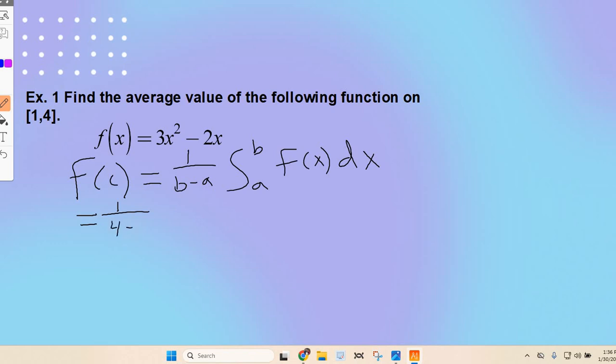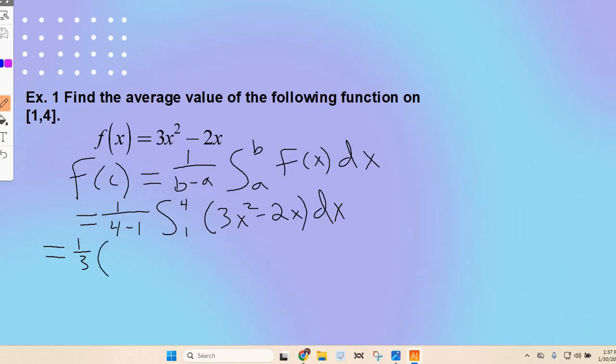So I have 1 over 4 minus 1 times the integral from 1 to 4 of my function, 3x squared minus 2x dx. And really, as long as you remember your formula, average values are pretty straightforward, because the only thing that's different about this than any of our other problems is that I have a fraction in the front. But you can mostly leave that factored out and just apply it at the end.